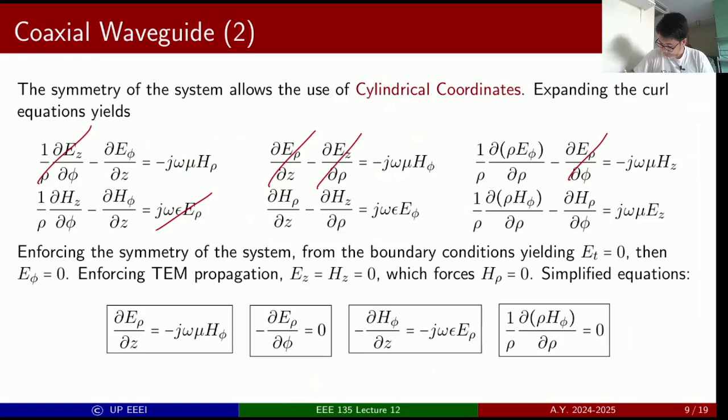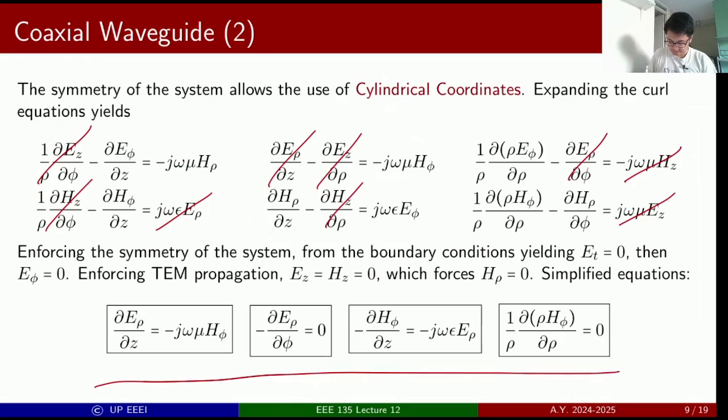So Ez, yep, there is no z component. So we're beginning to simplify it further. With the TM mode propagation, Hz is also 0. So more simplification yields these equations.